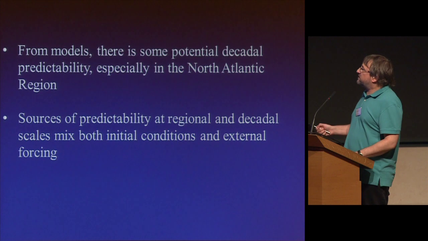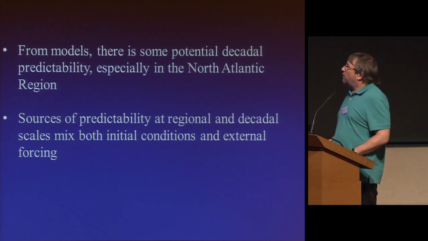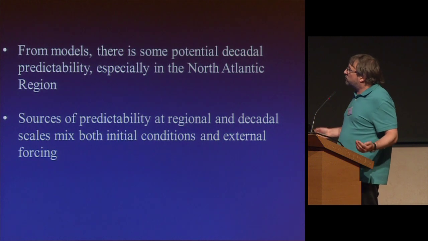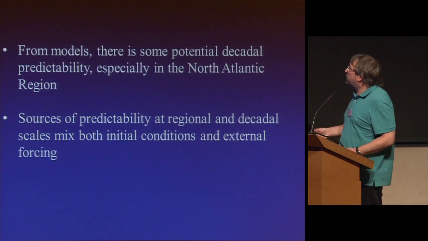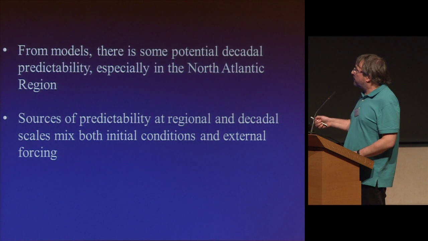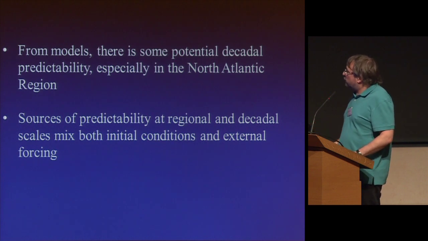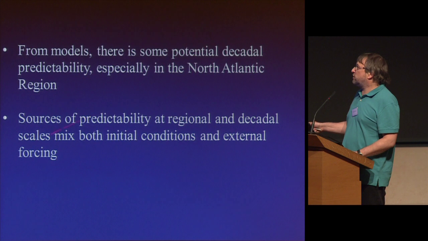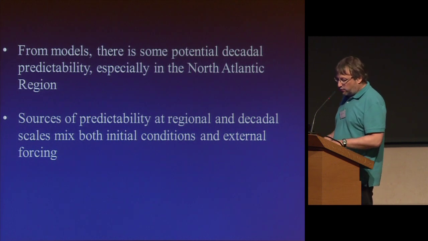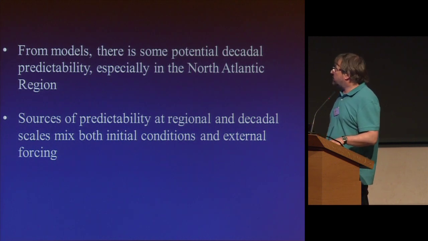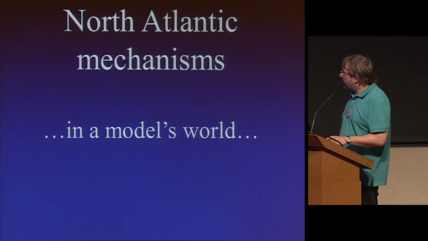And by the way, this can only be done by models. You can't imagine that you can have an ensemble of observations. It would be needed to have several planets, and it's not possible. And the sources of predictability at regional and decadal scales are due in large part to initial conditions, but the external forcing and the radiative forcing can play a role also.